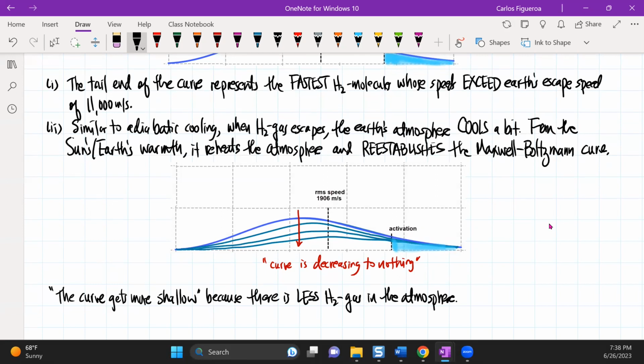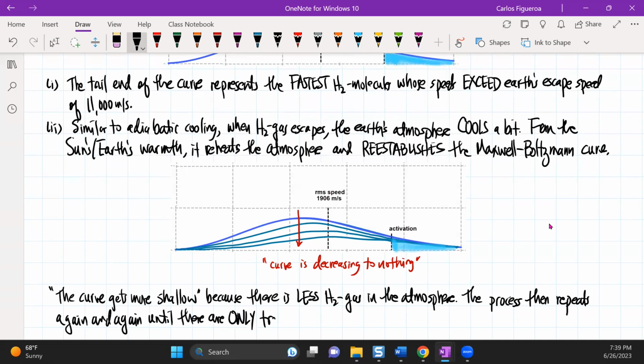And as a consequence, the process then repeats again and again until there are only trace amounts of hydrogen gas in our atmosphere.